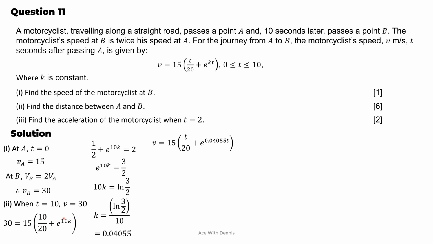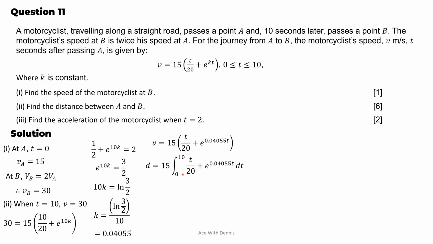Therefore, we can rewrite this formula: V equals 15 bracket t over 20 plus e to the power of 0.04055 t. So why do we want to find this constant and reform the equation for the speed? Because we want to find the distance.